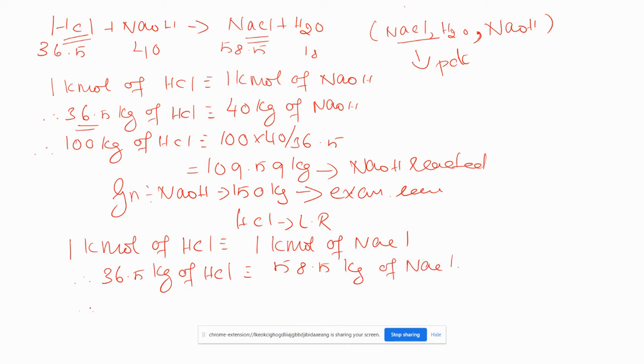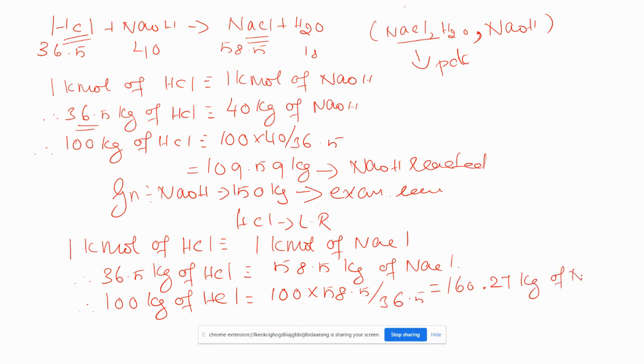So for the given 100 kgs of HCl, you will have 100 into 58.5 divided by 36.5, that is equal to 160.27 kgs of NaCl produced.